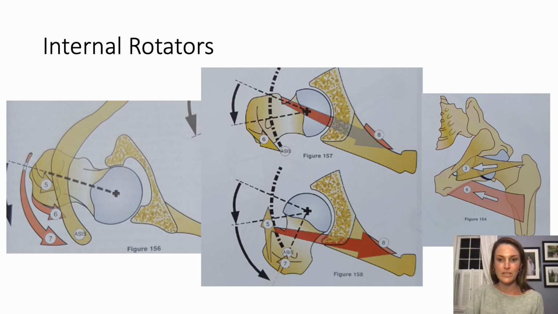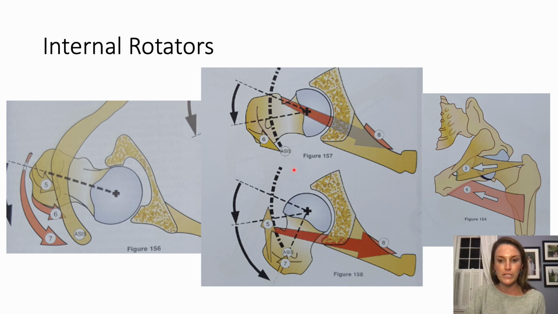Internal rotators. So the internal rotators are only a third as powerful as the external rotators, and the anterior fibers of the glute med and the glute min and the TFL are the main ones that are working. And so similar to the adductors, depending where you are in the range of motion, it's different which muscles are functioning.